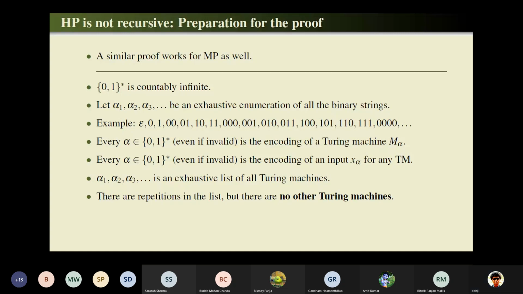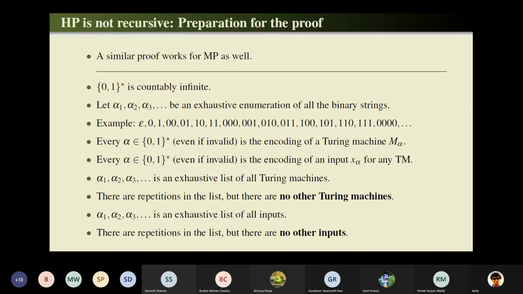Likewise, the same thing I can say about the inputs. Alpha 1, alpha 2, alpha 3 is an exhaustive list of all inputs. Again, there may be repetitions, but there are no other inputs. Happy?